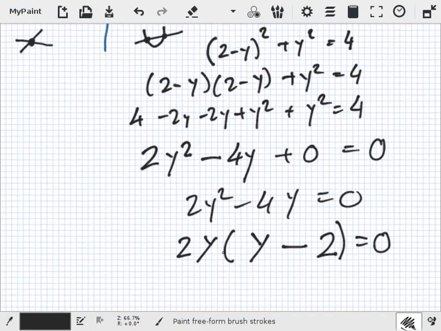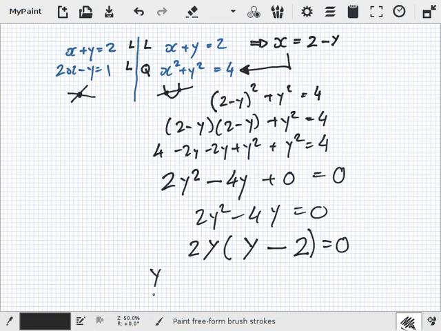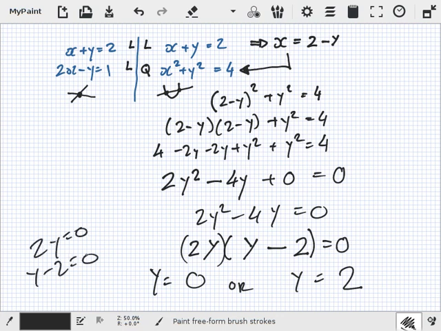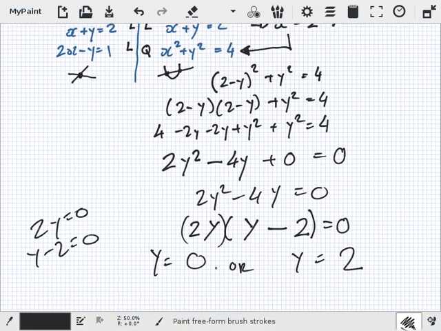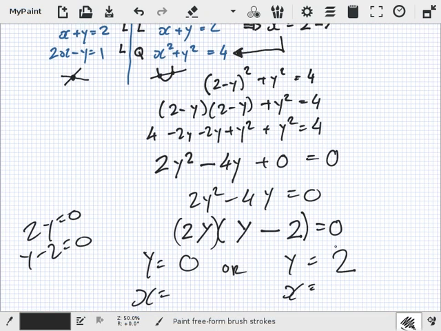So I have two answers here: y equals 0 or y equals 2, because you make each of these 0. If you make the y 0, okay. Now, I still have to get the x though. Shouldn't that be minus 2? No, if y minus 2 equals 0, then it means y is 2.